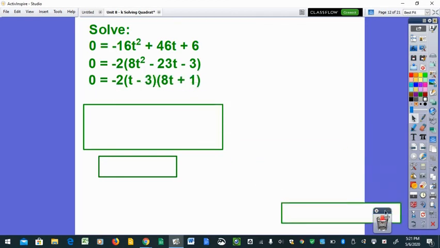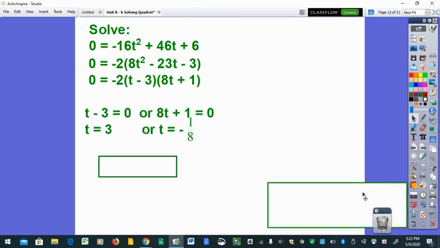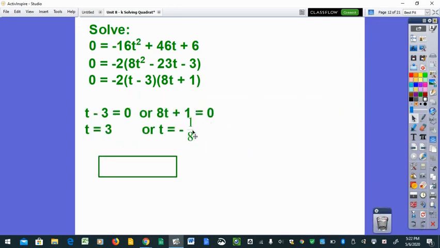Did you get the t minus 3 and the 8t plus 1? So now we have three things and we're asking if they equal 0. Well, first of all, -2 can never equal 0, so forget about it. What is the t going to be here? Do you see that it will be 3 seconds? And for this one, I'm going to subtract 1 and divide by 8. Do you see -1/8 seconds?